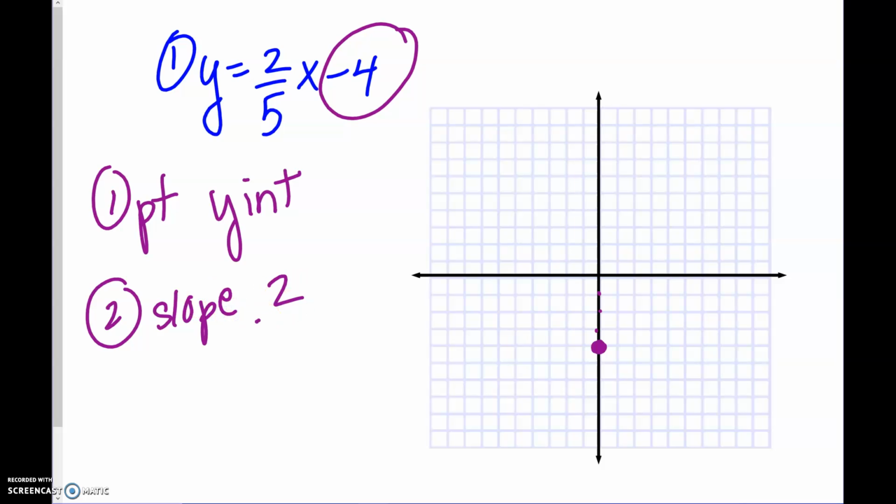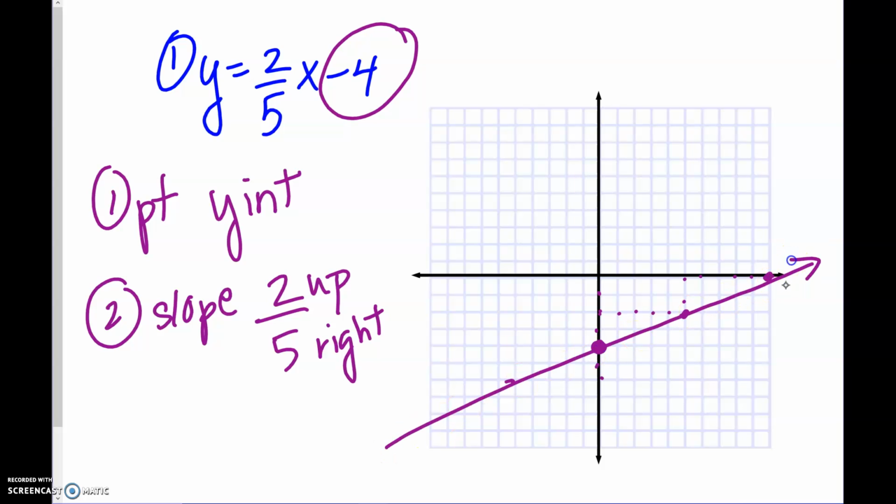So in this one, the slope is 2 over 5. So remember, we're going to go up because it's positive, and we're going to go right because it's positive. So this works my way and the other way. So up 2, right 1, 2, 3, 4, 5. Up 2, 1, 2, 3, 4, 5. Now, if you needed more points, you can certainly go down and then 1, 2, 3, 4, 5. Okay, and all your points line up, and we put arrows on the end.